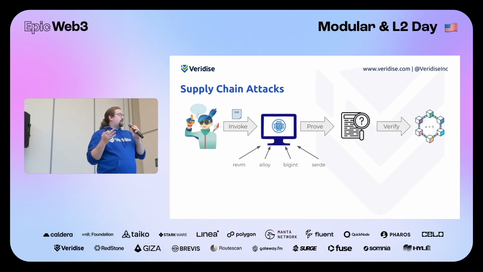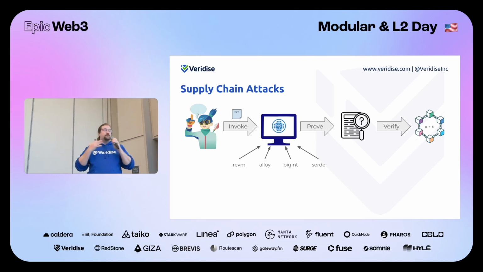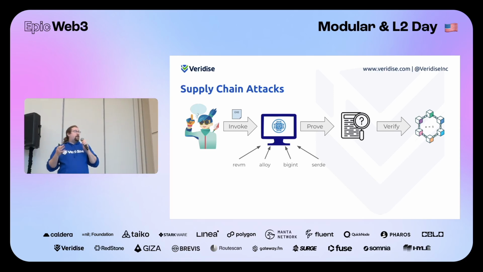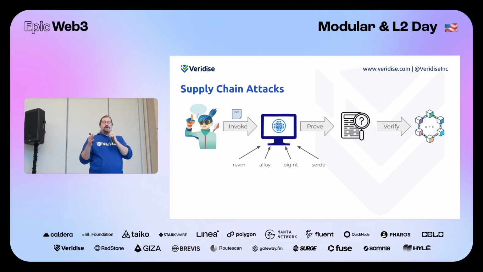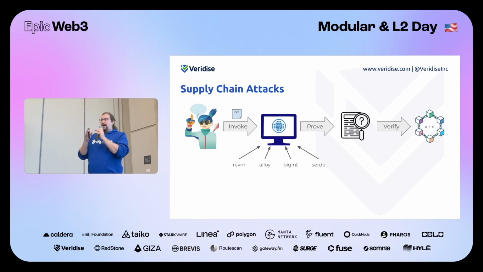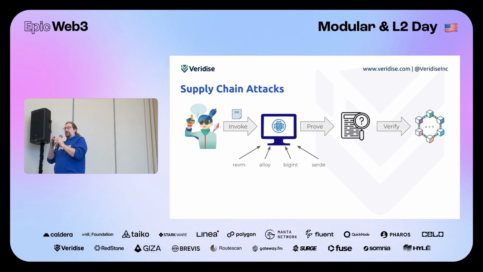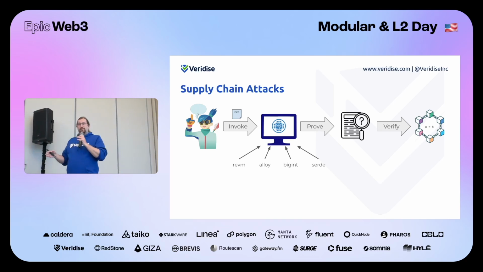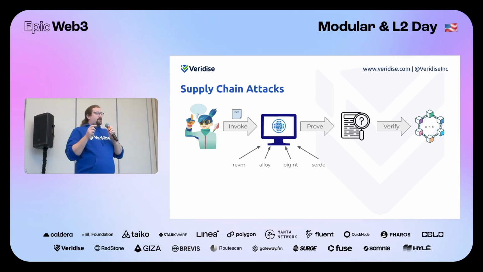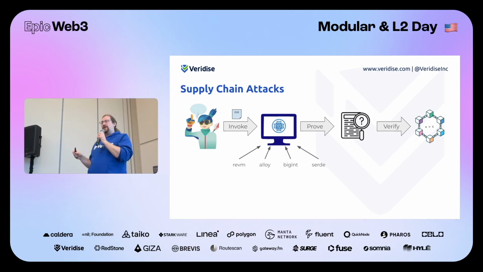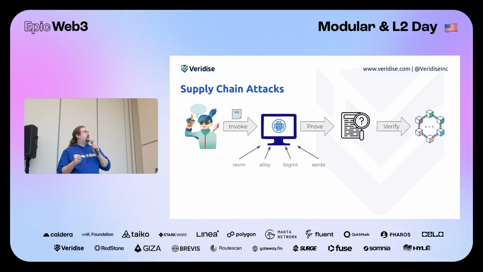So for Steal, for example, Steal includes references to REVM, Faraday, Alloy, BigEnt, and if any of these have errors, then the computation that you end up proving might not be correct because the underlying program itself is not correct. And so that means that you have to be very careful about what you're importing and what dependencies your ZK VM application actually has.